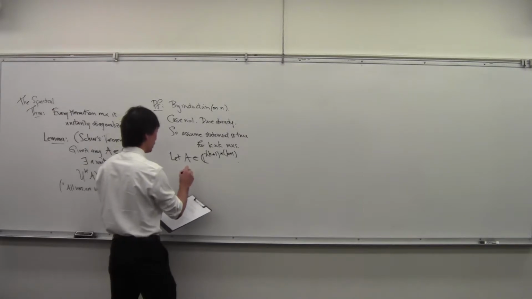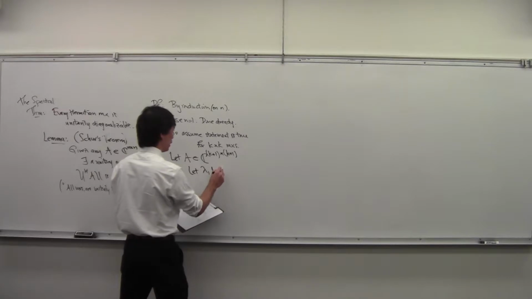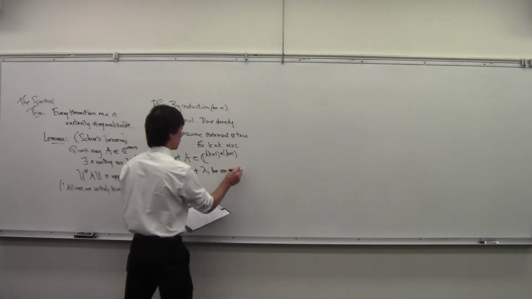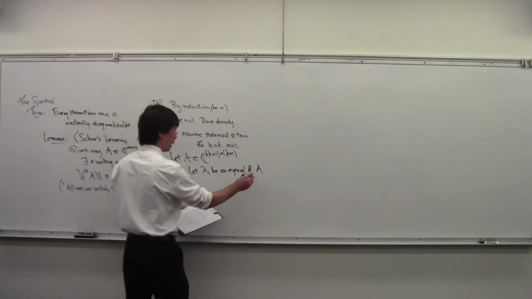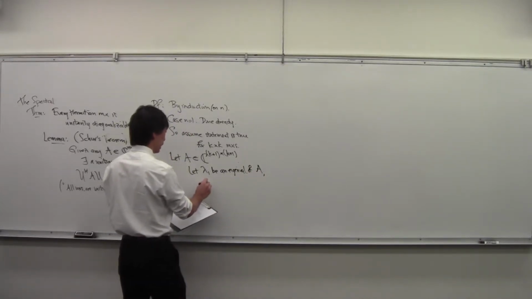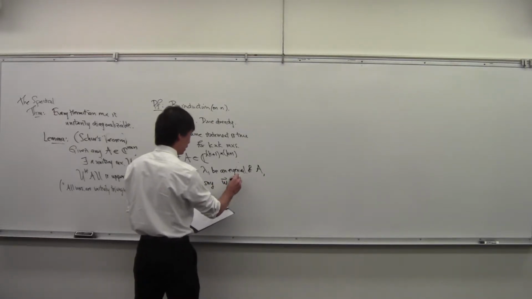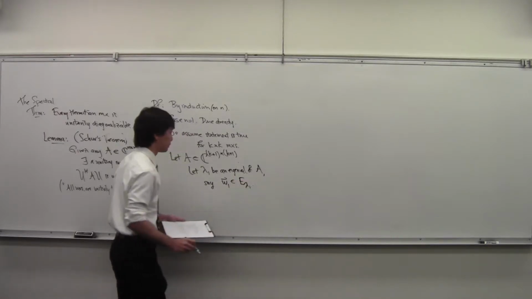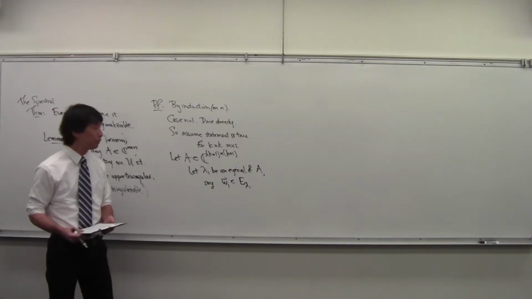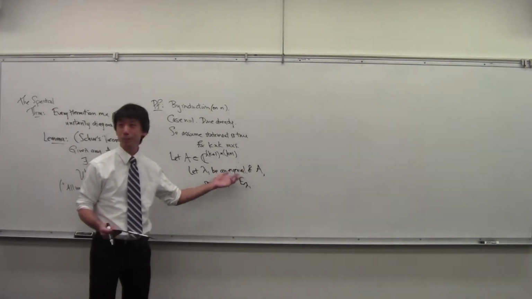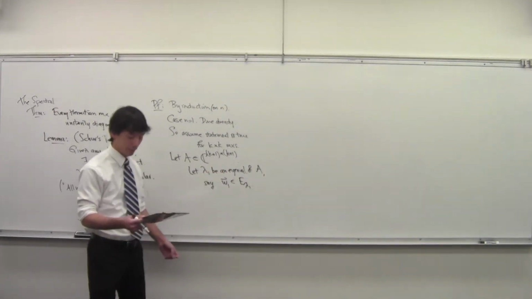Let lambda 1 be an eigenvalue of A, and suppose that the vector w1 is in E sub lambda 1. Choose an eigenvector corresponding to that eigenvalue.